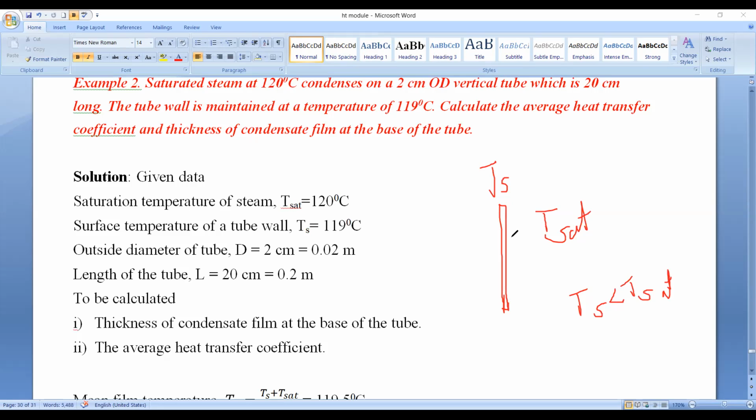It rejects latent heat to the plate or the body, and it is transferred from vapor state to the liquid state. That is called the condensation.